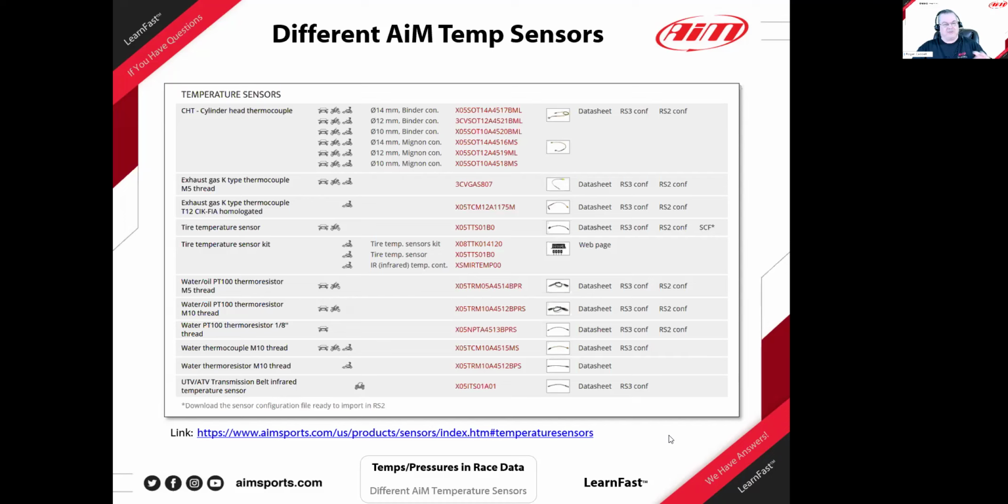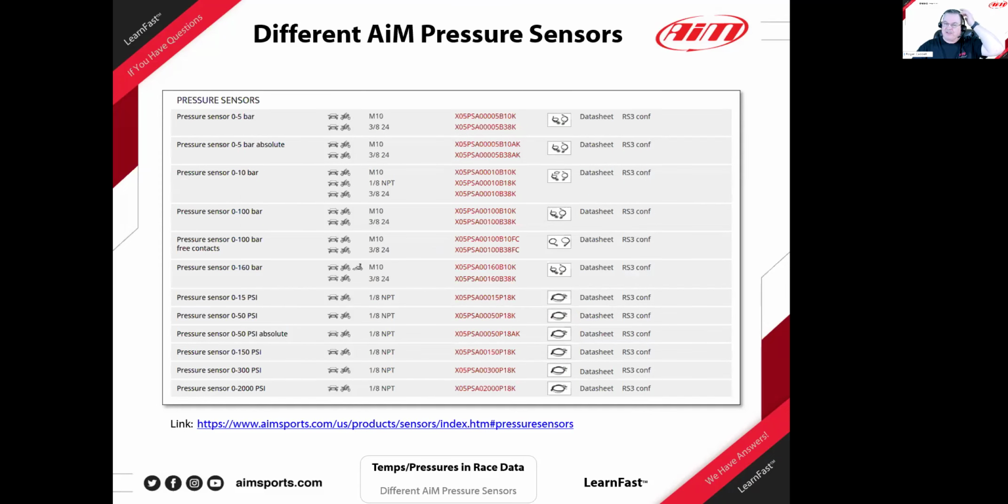So this is the different AiM temperature sensors. We'll talk more about these in more detail in a minute, but the next one I wanted to show was the pressure sensors. Same basic type of screen layout, all the different sensors that are available. This isn't every one that's available, but it's a pretty good idea, and all the different thread pitches and different ways to connect the sensor, and of course all the data sheets about them, and a lot of valuable information in there if you want to just start clicking on some of those.